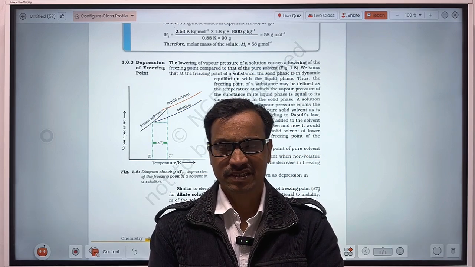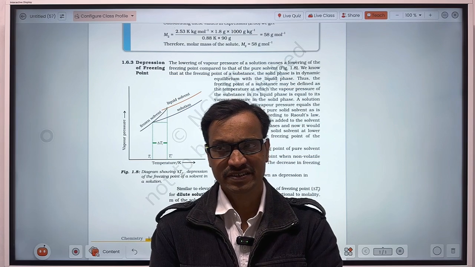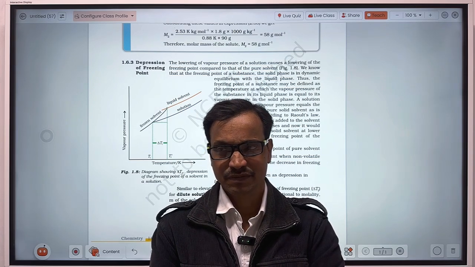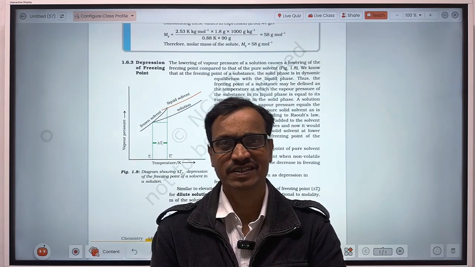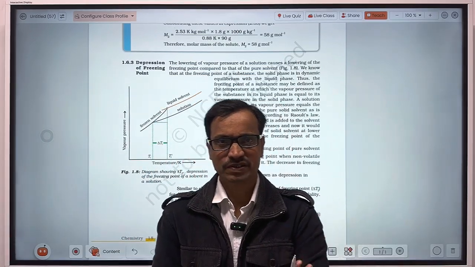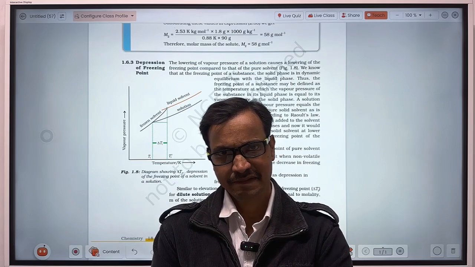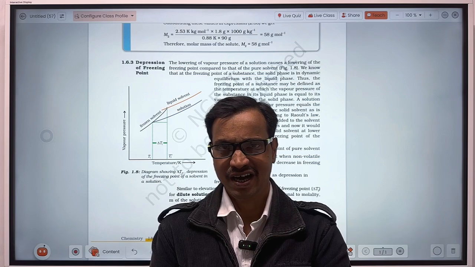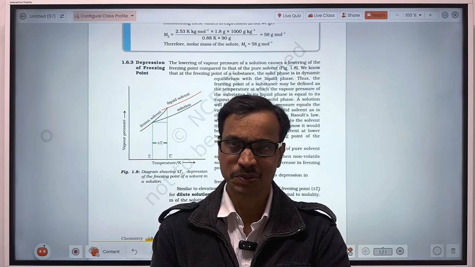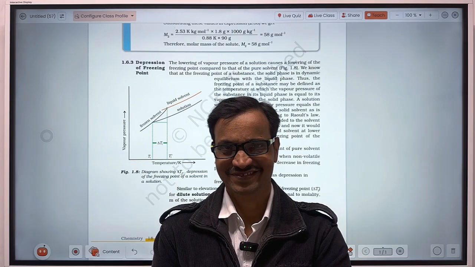The freezing point is the temperature at which the vapor pressure of a liquid in solid phase is equal to the vapor pressure of that liquid in liquid phase. Like when we say the freezing point of water is 0 degrees Celsius, that means at 0 degrees Celsius, the vapor pressure of ice will be equal to the vapor pressure of liquid water.